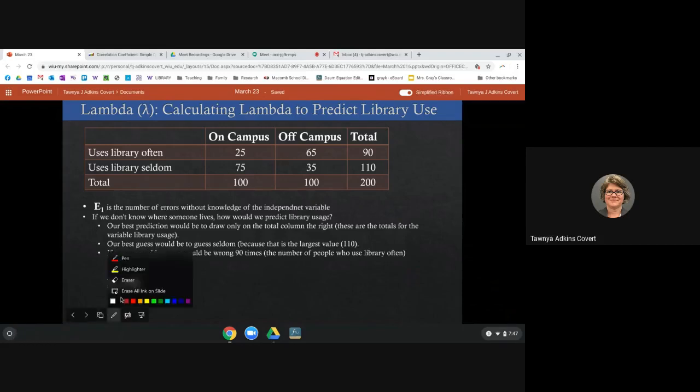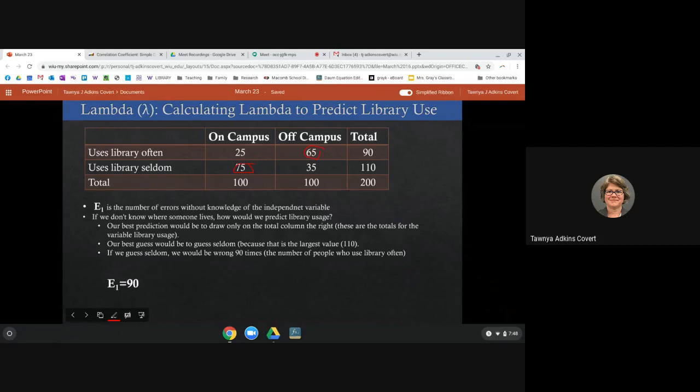Remember I told you how things will pull towards the edges, towards the corners, and you'll end up with a sort of diagonal thing. So these numbers are the larger of the two values. We have students off campus using the library more than students on campus. And so we can just visually see that there's a pattern here in the data.